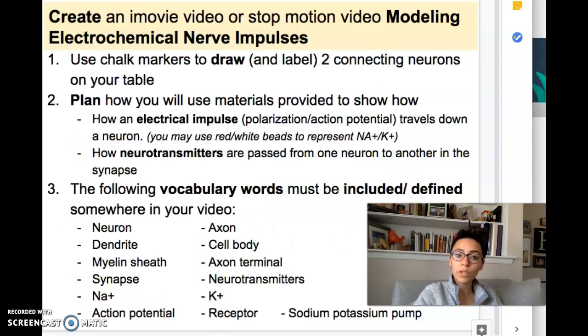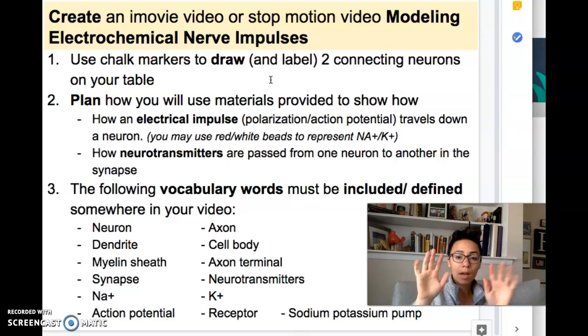So what you'll be doing for your assignment next week is creating a model that shows that electrical chemical impulse. This is what I would have done if we were in class, but you're going to draw some kind of neurons, maybe with markers or pens or whatever you have around the house, on a paper. Make sure they're labeled so I know that you understand the different parts of the neuron.